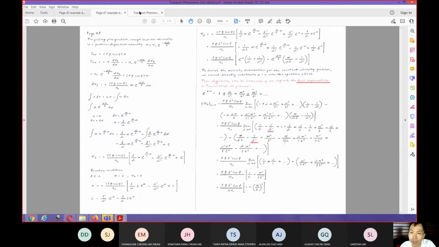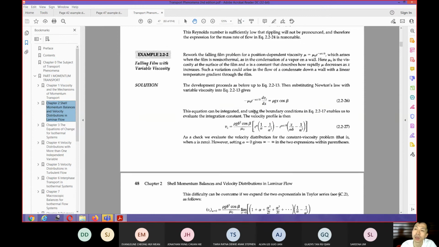But in this particular example, we define something simple, well, not very simple, but quite simple anyway, where your viscosity is an exponential function of x. When you put in x equals 0 here, then mu becomes mu naught.